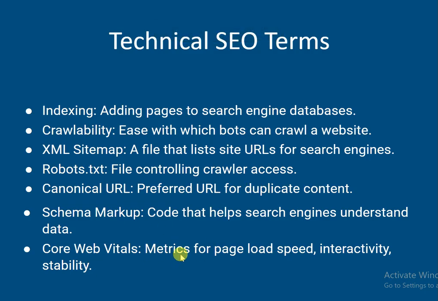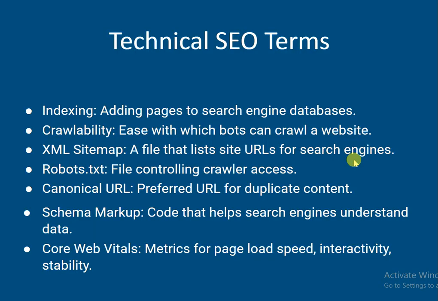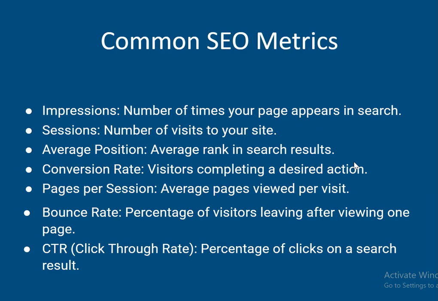And core web vitals. These core web vitals are metrics for page load speed, interactivity, and stability, like how fast our website is loading and how interactive it is. So these are the technical SEO terms.